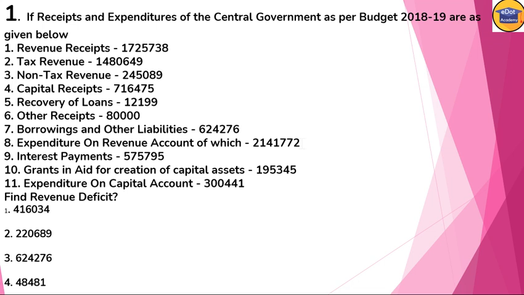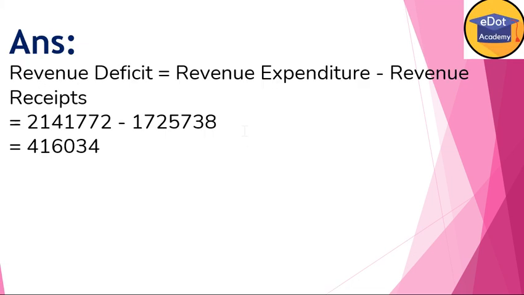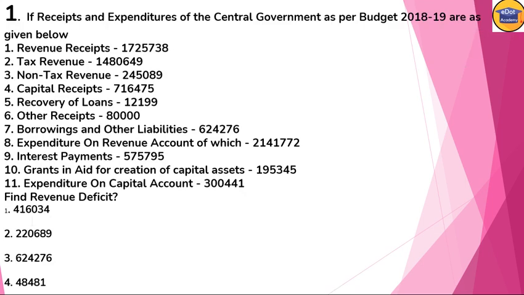You subtract from here 17,25,738. So if you subtract revenue expenditure minus revenue receipt, you will get the revenue deficit. So we are getting revenue deficit as 4,16,034. So our first option is correct.